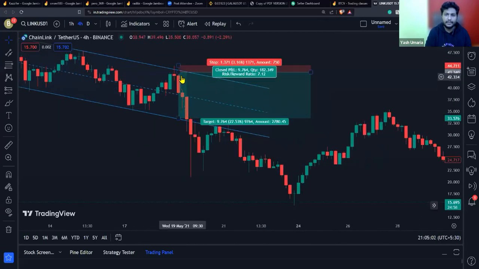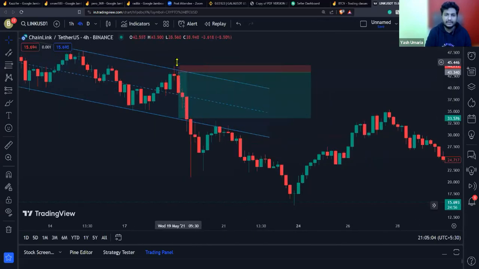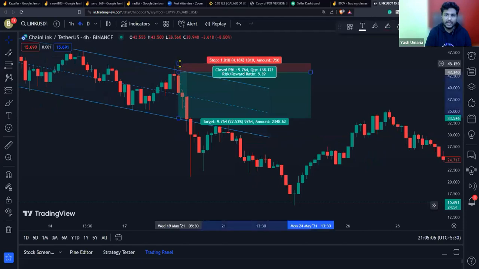You see, enter, exit, stop loss. I can also increase the stop loss. If we win, we are going to make around 22.53%. You can see the market did go down below that level also, but that's not our concern. This is our exit point, we will exit at that point. And if we lose, we would have lost around 4%. If you divide these two numbers, you will get 5.39, which is greater than 5. So that's good for us.